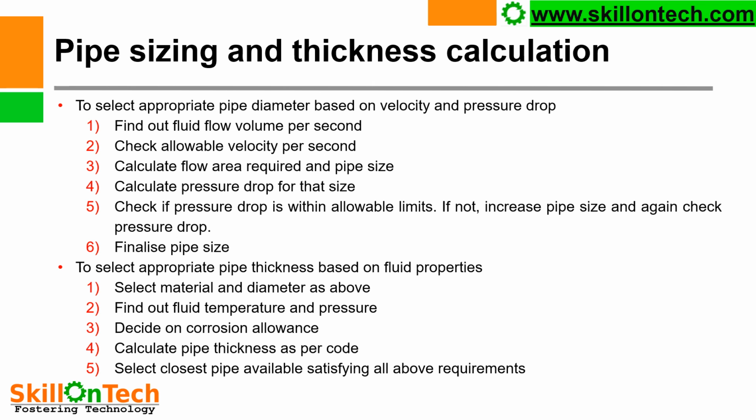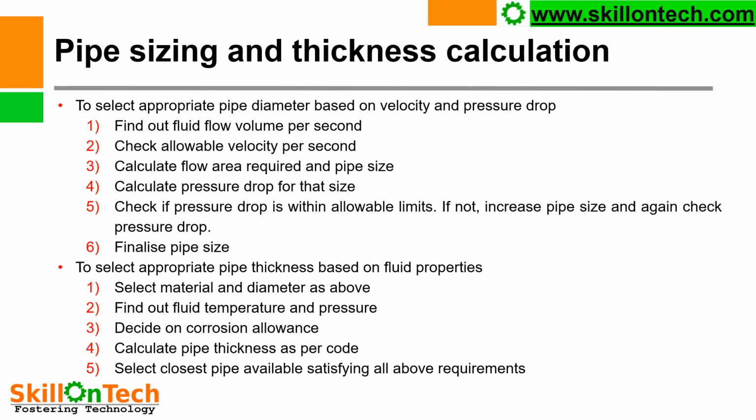To select appropriate pipe diameter based on velocity and pressure drop, first find out fluid flow volume per second. Check allowable velocity per second. Calculate flow area required and pipe size. Calculate pressure drop for that size. Check if pressure drop is within allowable limits. If not, increase pipe size and again check pressure drop.